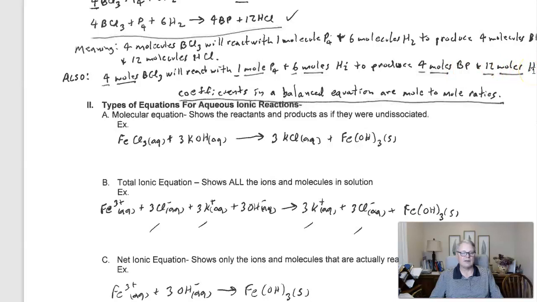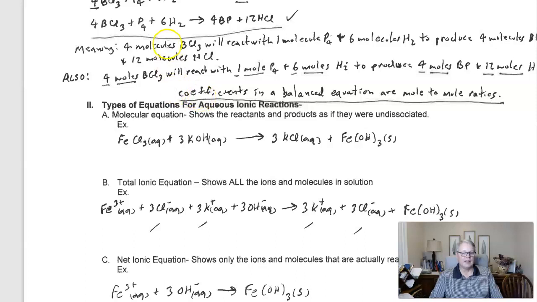All right. So the moral of the story is coefficients in a balanced equation are not only molecule to molecule ratios, they're also mole to mole ratios. And that is going to become very, very important later on in the chapter. Okay?